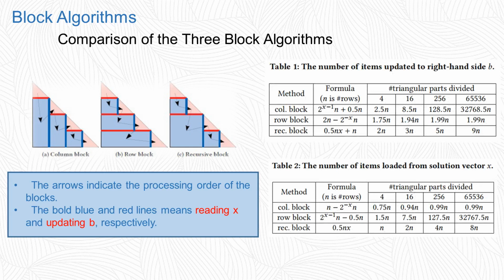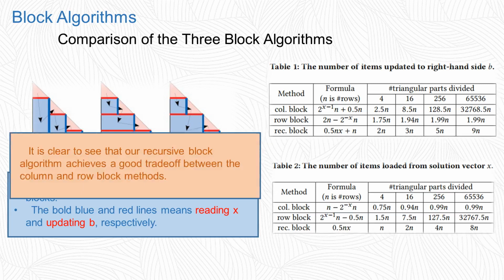Table 1 and Table 2 quantify the difference on updating b and reading x respectively. It's clear to see that the column block method has a disadvantage on updating b, and the row block method spends longer time on loading x. But fortunately, the recursive block algorithm achieves a good trade-off between the column and row block methods.